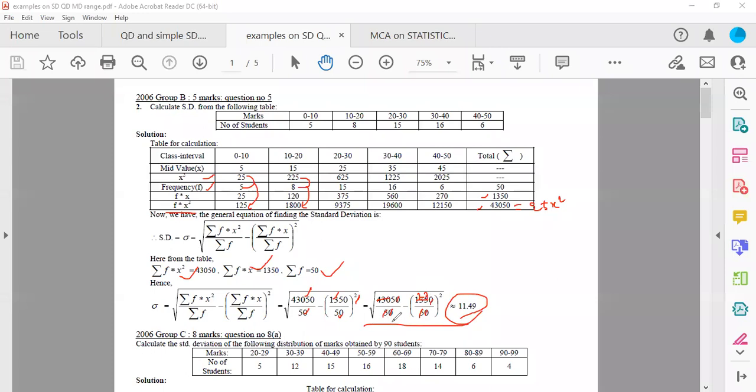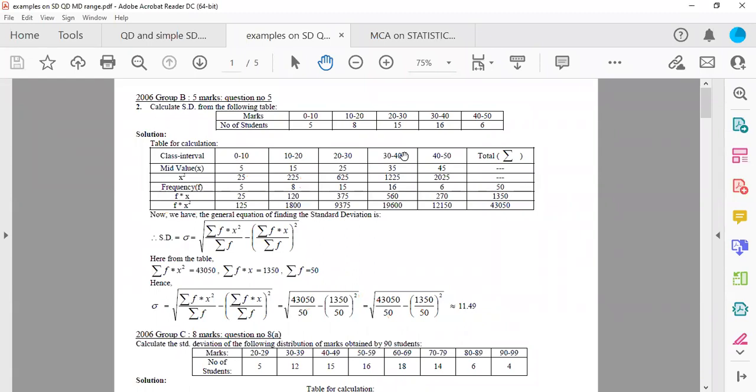Before that there is 861 minus 27 whole square. You will get, yeah, then taking the square root, you can get 11.49. So a little bit of calculation, but the formula is quite easy. Just to memorize: root over summation fx square by summation f minus summation fx by summation f the whole square. Okay, any question regarding this?